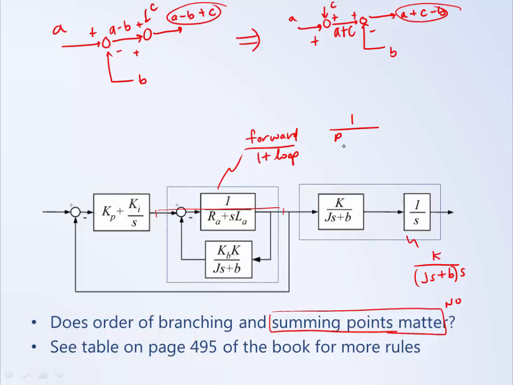So the forward path is 1 divided by Ra plus sLa, and then the denominator is 1 plus loop, where the loop includes both of those elements. So it's as if those two blocks are in series, where two blocks in series simply multiply. So we get Kb times K divided by Ra plus sLa times the quantity Js plus B. So that's what that reduces to.